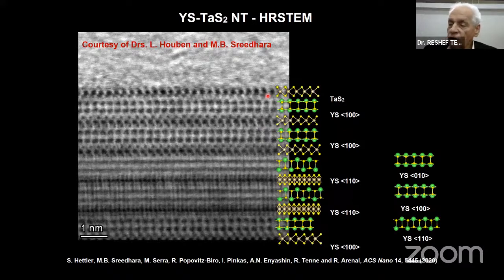And this is not trivial. We know now that with a Titan microscope, or Cs-corrected microscope, we can see atoms very easily, but not in a curved structure. Remember that this is a curved structure. This is a nanotube, and it's very difficult to focus the beam. Here you can see beautifully the tantalum disulfide, the sulfur and tantalum, in the 2H or 1H configuration and not the 1T, as many people think.